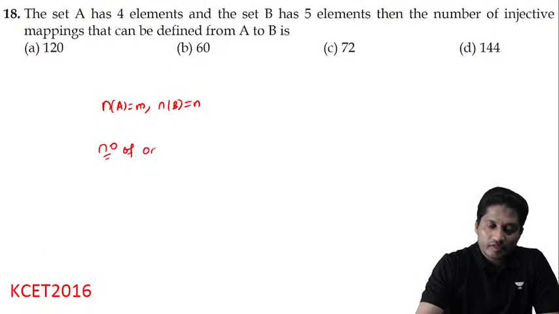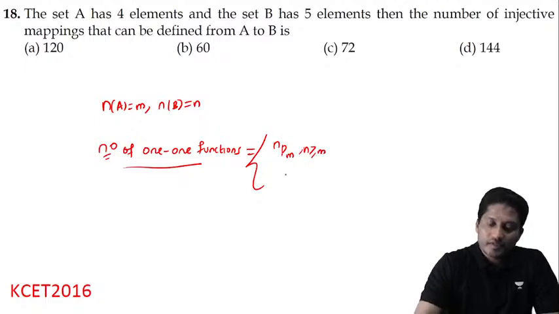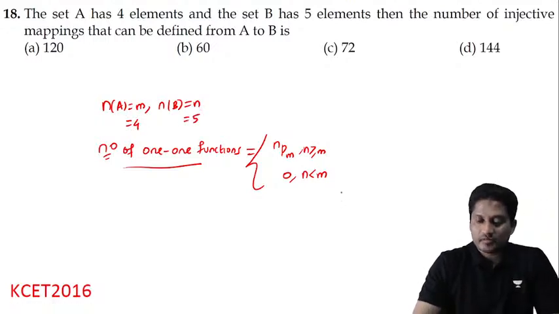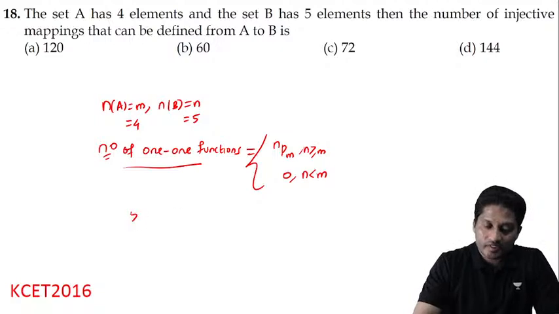Then the number of one-to-one functions is equal to nPm if n is greater than or equal to m, and 0 if n is less than m. Alright, now set A contains 4 elements and set B contains 5 elements. Obviously n is more than m. Number of one-to-one functions is 5P4.